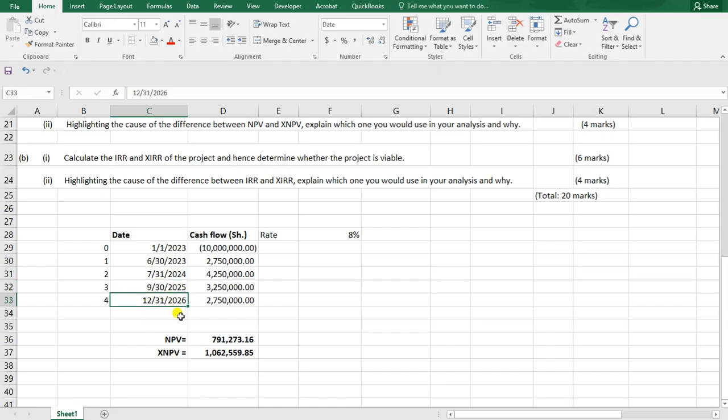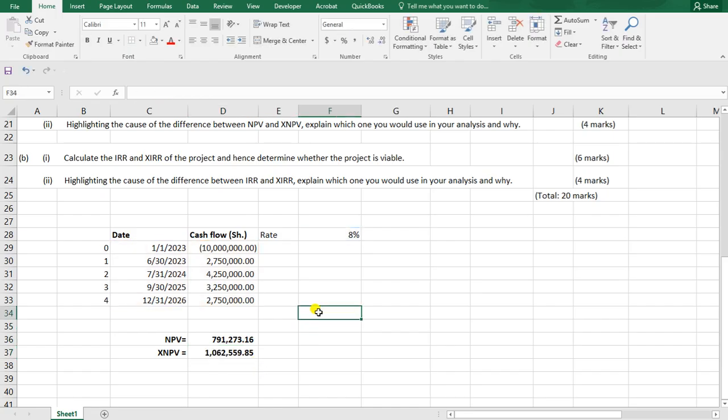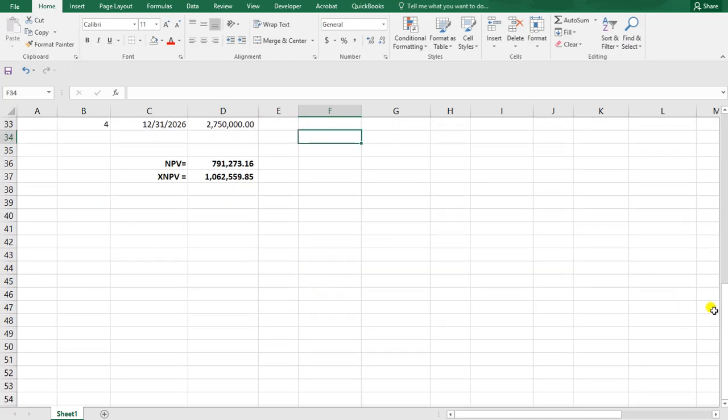So what you'll clearly note here is that I'm having irregular time periods, and as a result my XNPV will be different because it hasn't counted as 1, 2, 3, 4, 5, and so on. It is considering the time factor. The main reason why you're having the dates is basically to pick and count the duration that we are looking at.